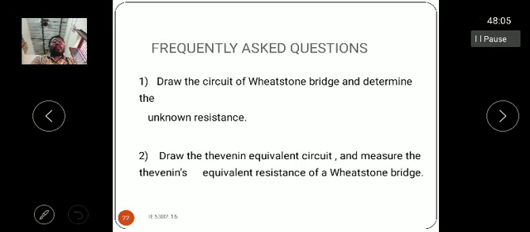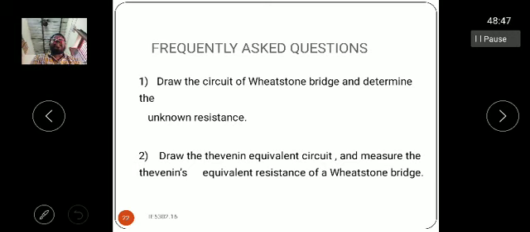The current passing through the galvanometer we take as Ig. Since the three elements are connected in series, we use Ohm's law: V is equal to I into R, that is, I is equal to V by R. Here the current passing through the load is Ig is equal to the Thevenin's voltage Vth divided by the total resistance of the circuit, that is Rth plus the galvanometer resistance Rg. So Ig is equal to Vth by Rth plus Rg.